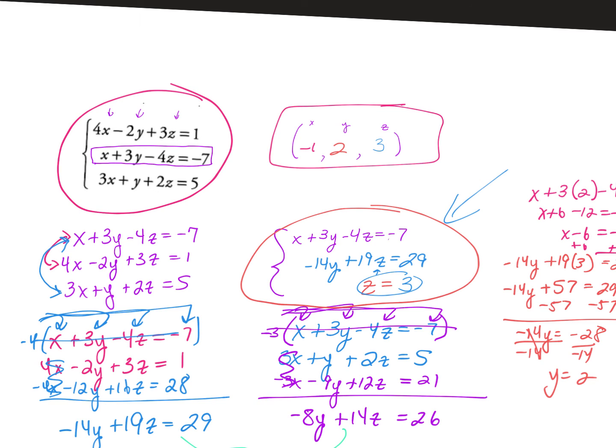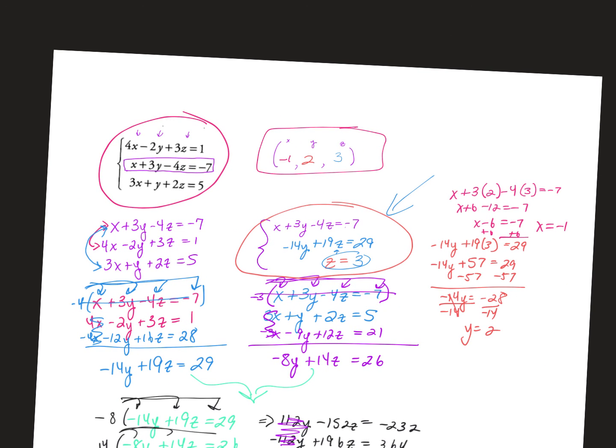Negative 1 plus 3 times 2, because that was our y value, minus 4 times 3, because that's our z value. When I hit enter, I should get negative 7. And I do. And then the last one, 3 times negative 1 plus y is 2 plus 2 times 3. When I hit enter, I should get 5, and I do. So then I know that all of this work and everything, this is the correct answer.